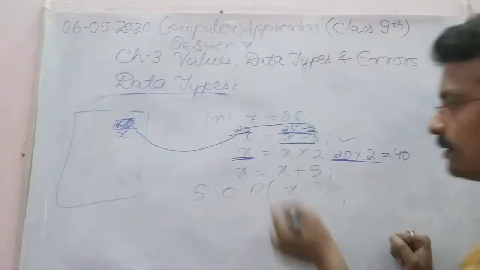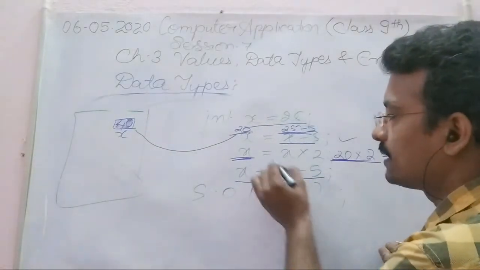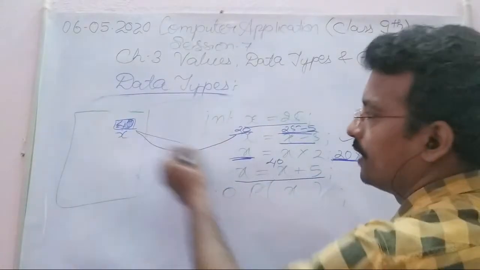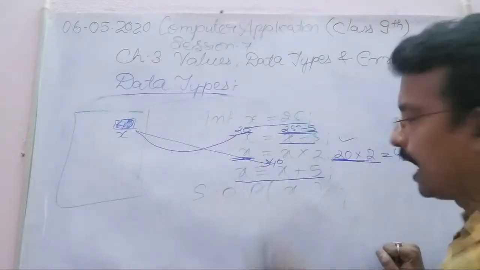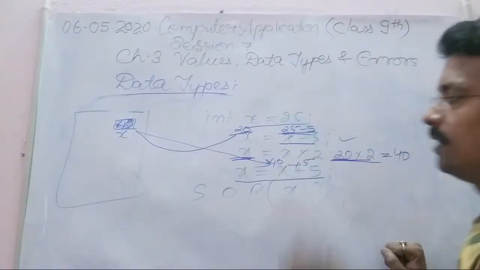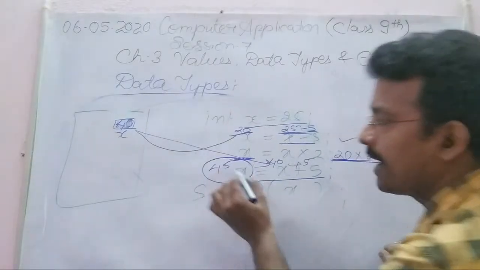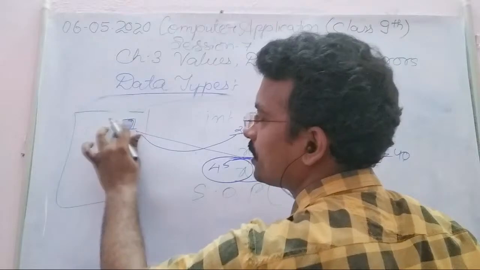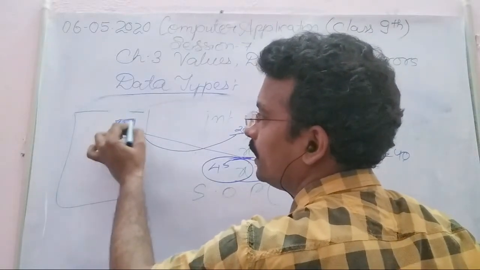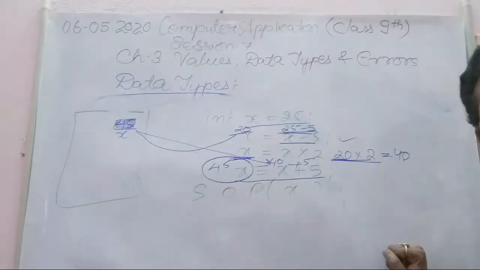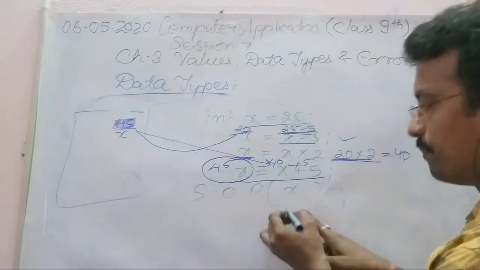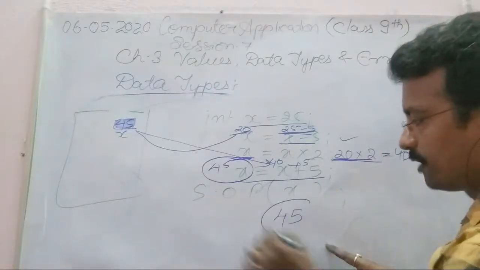After that, what happens? This line executes. This line says call 40 here, the last value of x, and after that, plus 5 is added. 40 plus 5, how much is it? 45. This is the new value of x. Now it will be overlapped, and 45 is kept here. And when you are finally printing, your output will be 45.